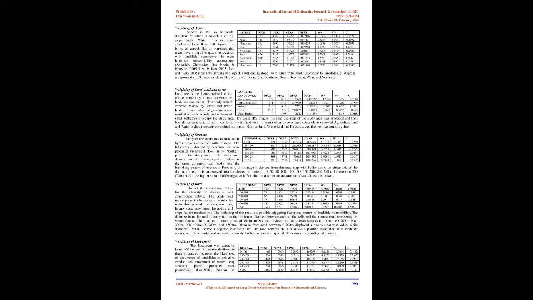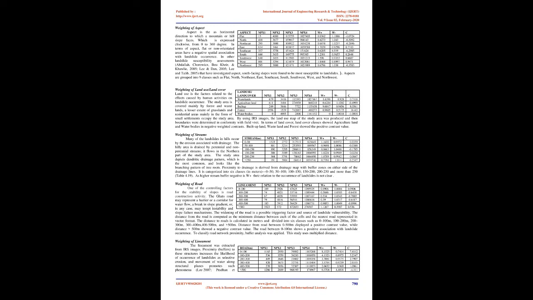Weighting of slope. The slope of the study area ranges from 0 degrees to 50 degrees. In general, the steeper the slope, the easier it is for gravity to initiate a landslide. Slopes are classified into 6 classes according to the gradients that represent terrain morphology: gently sloping, 0-10 degrees; undulating, 10-20 degrees; moderately steep, 20-30 degrees; steep, 30-40 degrees; very steep, 40-50 degrees; and above 50 degrees.